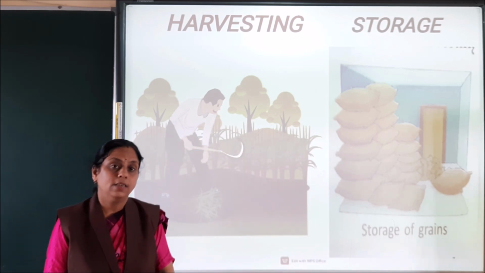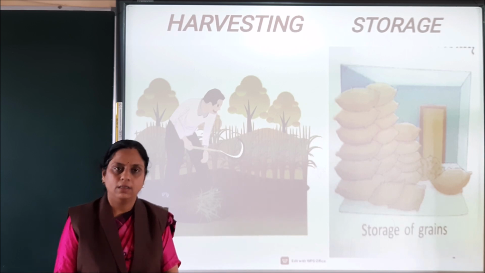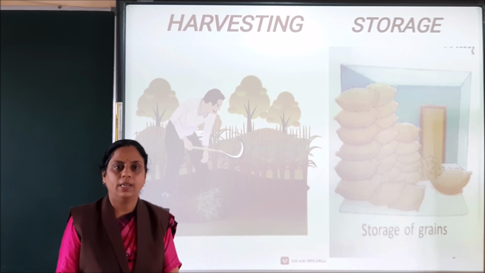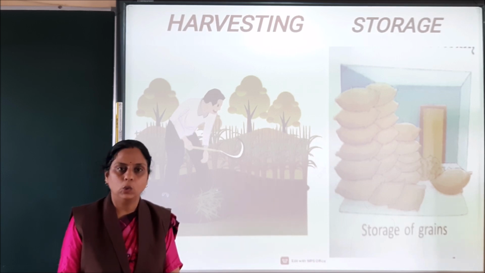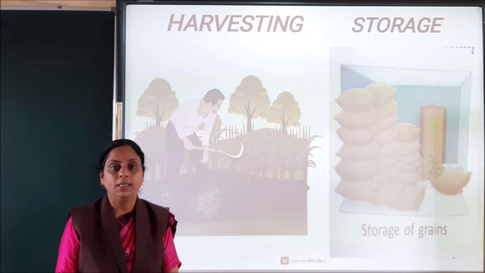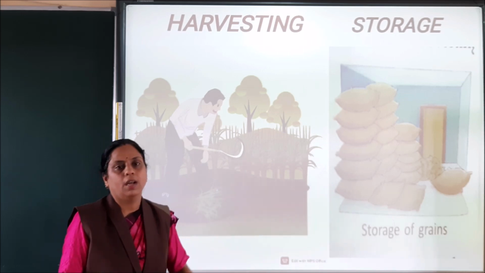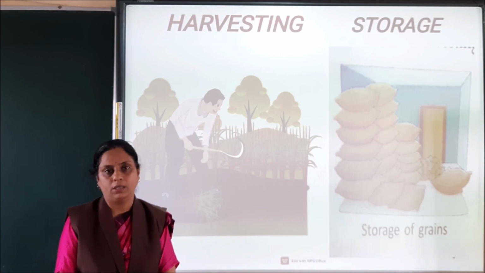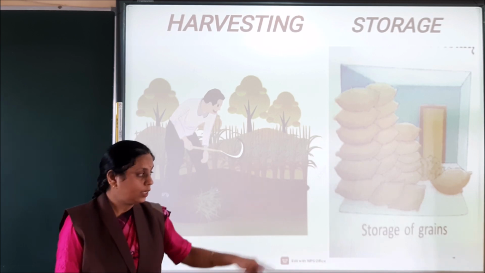Now lastly children, when the farmers collect the crops, that means after harvesting, farmers store the crops like wheat, rice, maize in the godown, and that is called storage. Why are they storing them?